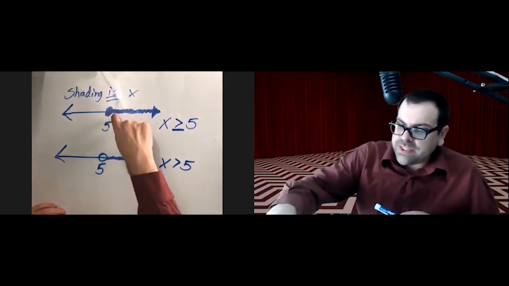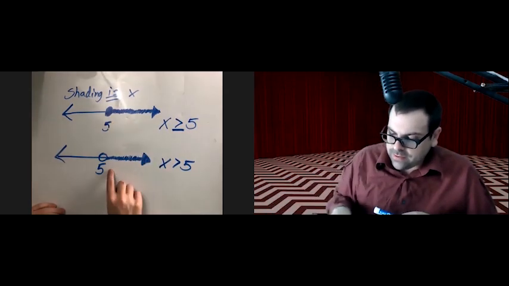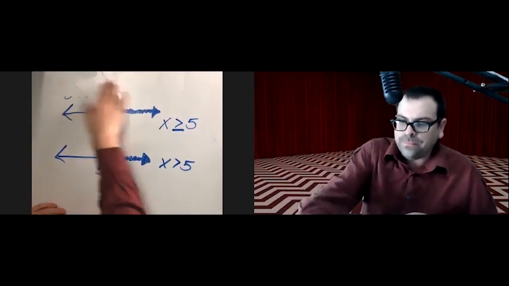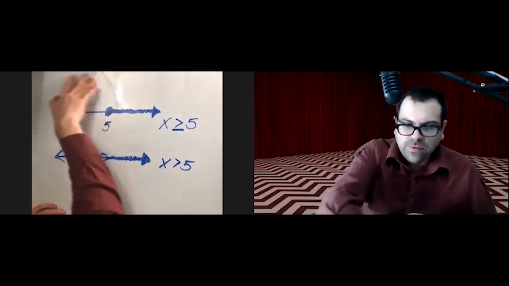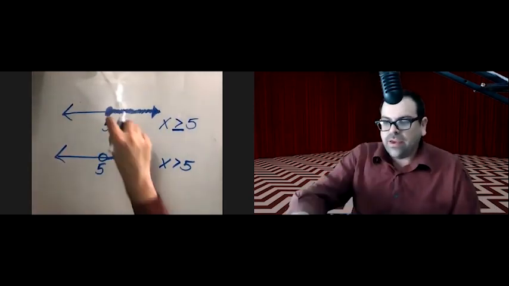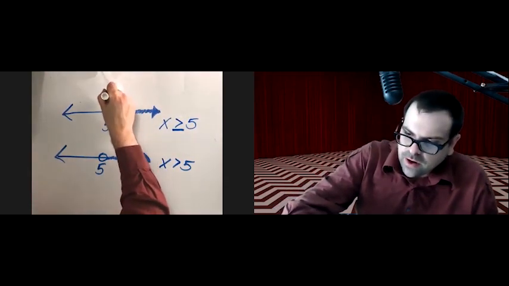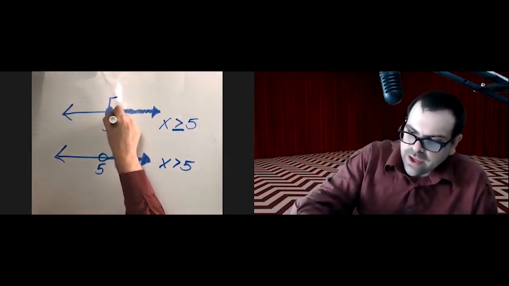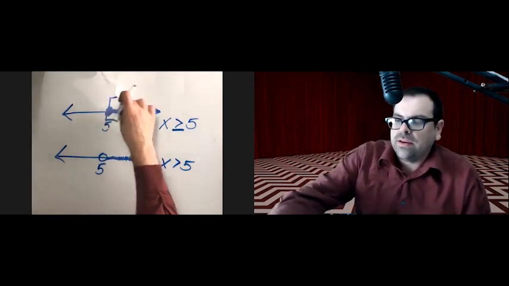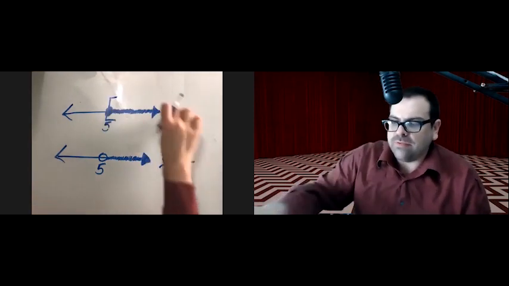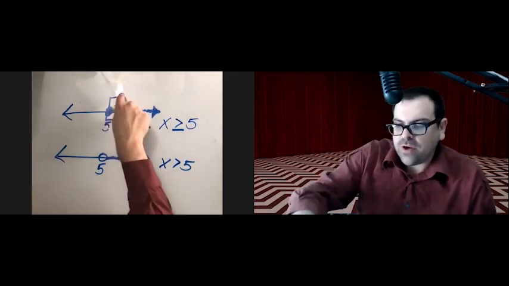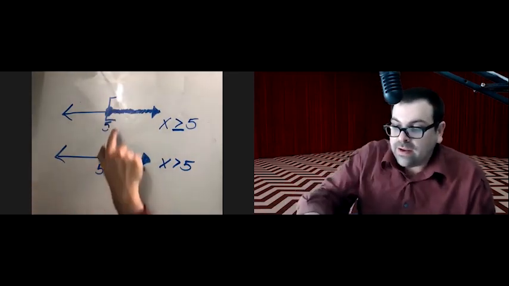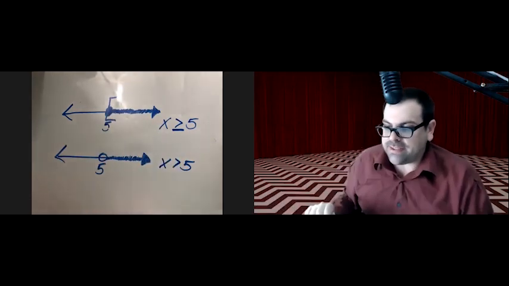So maybe you've seen filled in an open circle before, but what I'm here today to tell you is that a filled in circle can also be represented with a square bracket facing the direction of the shading, so that this would be an opening bracket, and then this is the inside stuff.